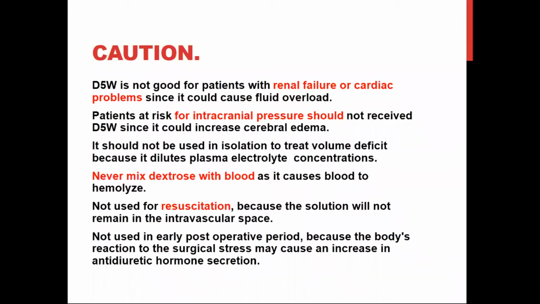Patients at risk for intracranial pressure should not receive dextrose water since it causes cerebral edema. Patients with increased intracranial pressure should not use glucose water because it may cause cerebral edema.